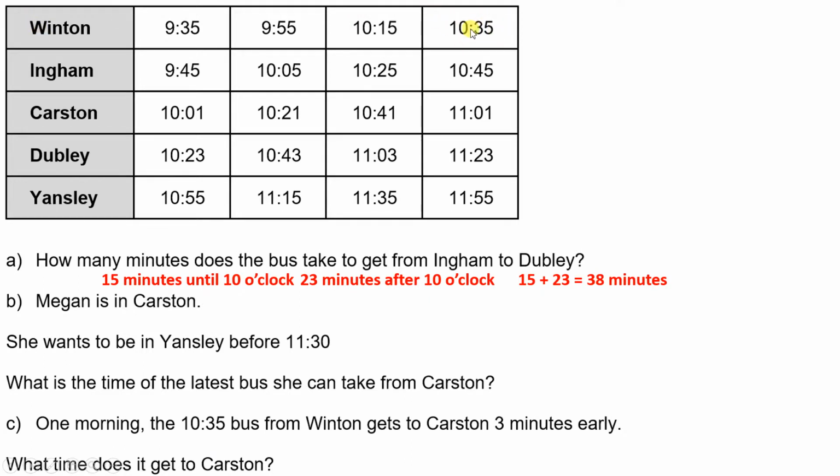It gets into Carston, so it should get in at 11:01, but it's 3 minutes early, so we need to find the time 3 minutes before 11:01. Well, if we go back 1 minute, that should say 11 o'clock rather than 10 o'clock. But 1 minute less would be 11 o'clock, and then it's 3 minutes, so 2 minutes before 11 o'clock would be 10:58.